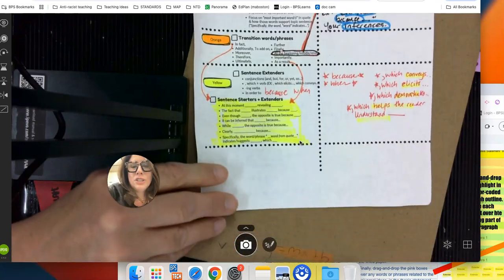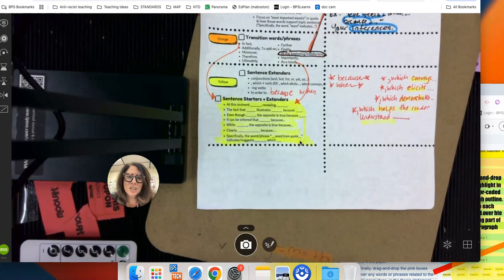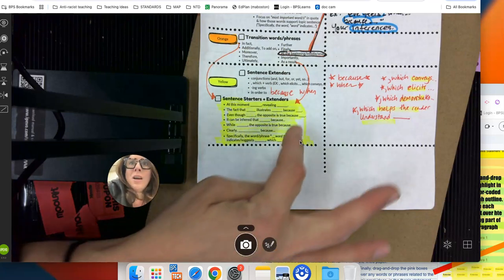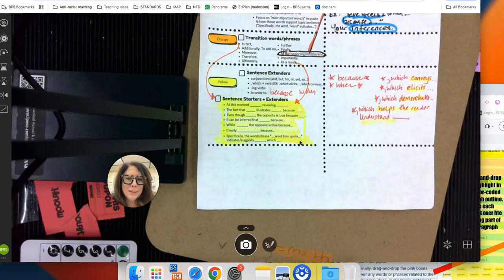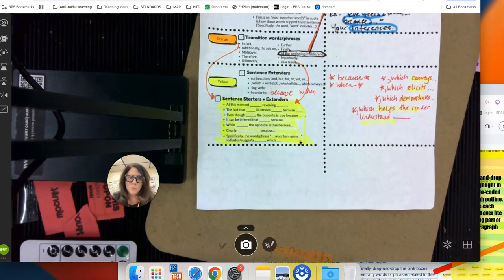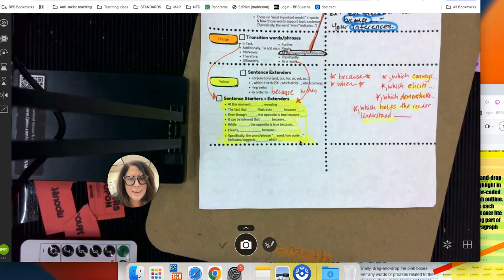The yellow is super important, and these would be your sentence extenders, which are those simple words like and, because, comma which, which is one of my absolute favorites if you want to extend a sentence: comma which plus verb, which elicits or brings out, which conveys or shows, which demonstrates. So it's really important that you have these notes right here as comma which extenders.